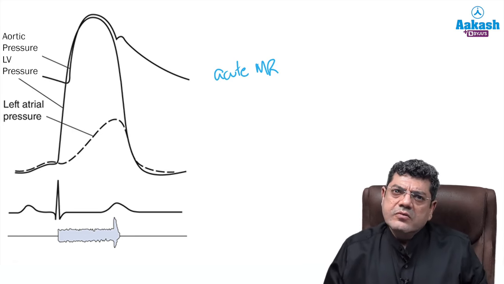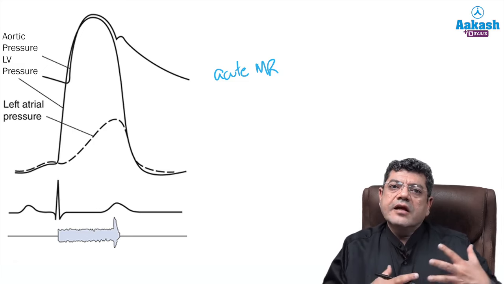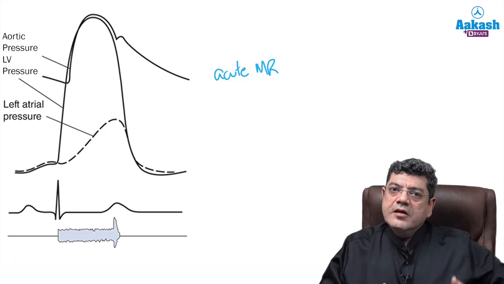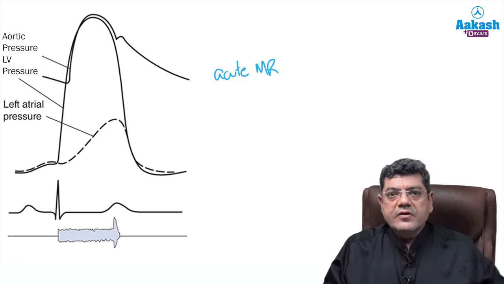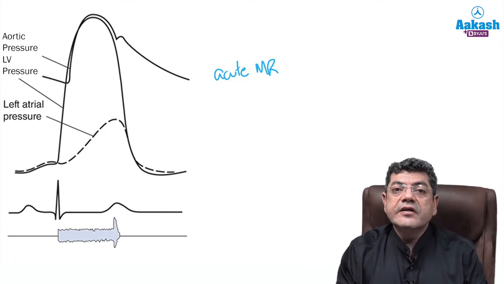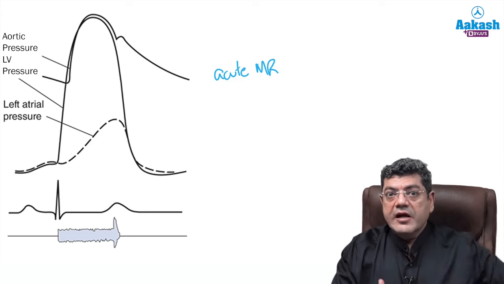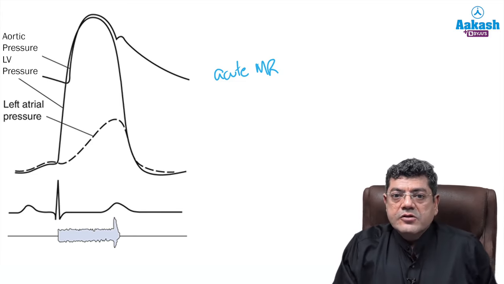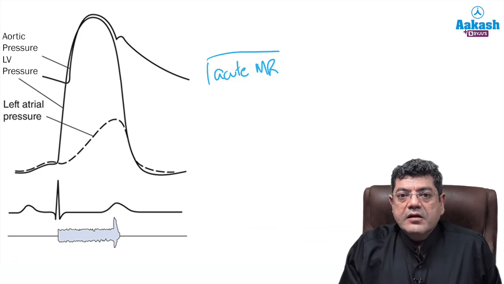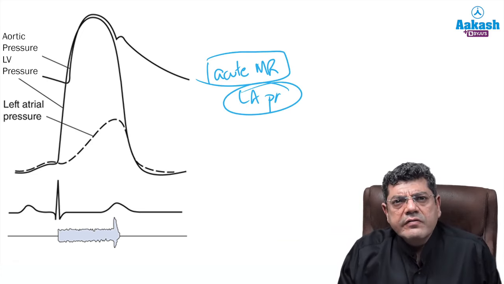In chronic MR, the left atrium gradually enlarges, accommodates the increasing regurgitation from the left ventricle. In acute MR, the left atrium does not have that time frame to adapt to that regurgitant volume. So, in acute MR, the left atrial pressure rises very significantly.